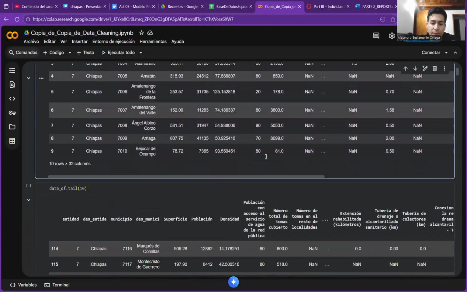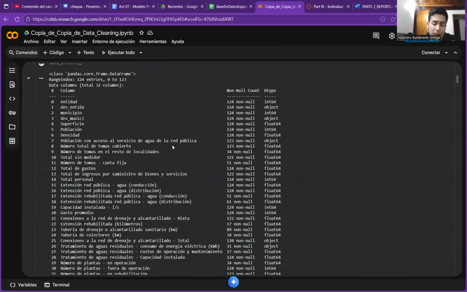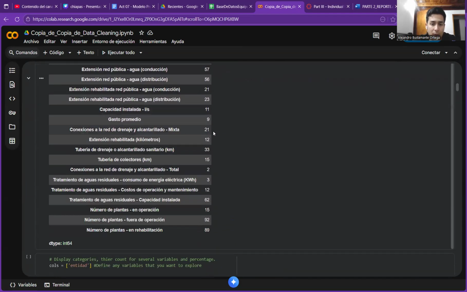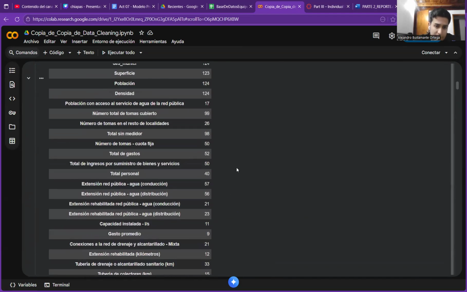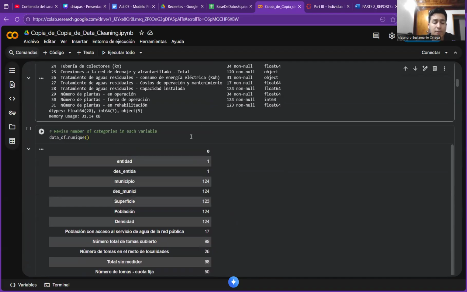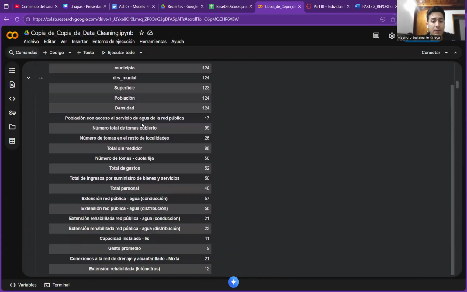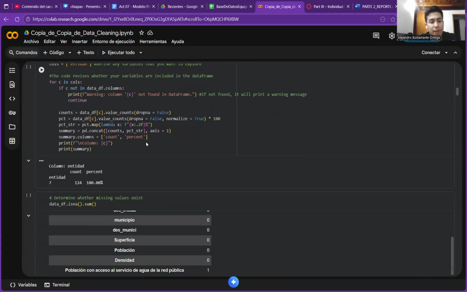First, we can see all the variables, all the data, all the types of the variables, so it's the objects, integers, or floats. And then the important part is that we need to filter them by what type of variable they are. So we do that.